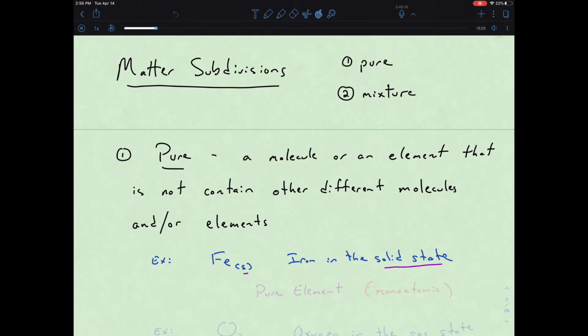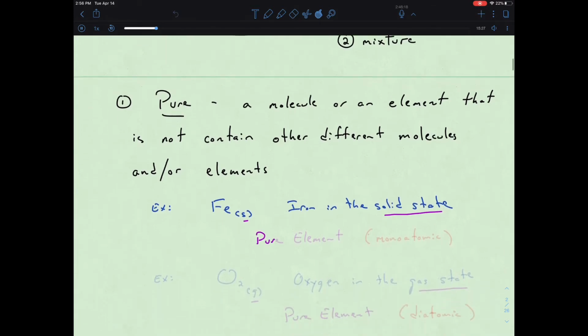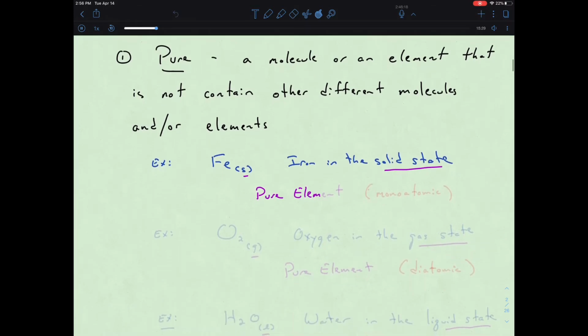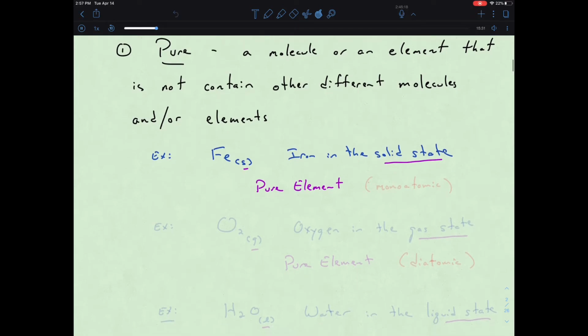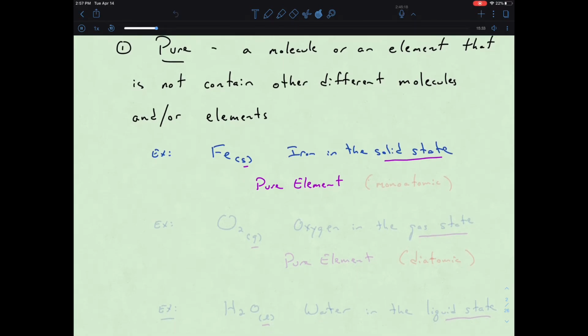Right, so this would be a pure element. There's other examples as well. A lot of the metals tend to be monoatomic. These are things that we'll get into as our conversation continues.